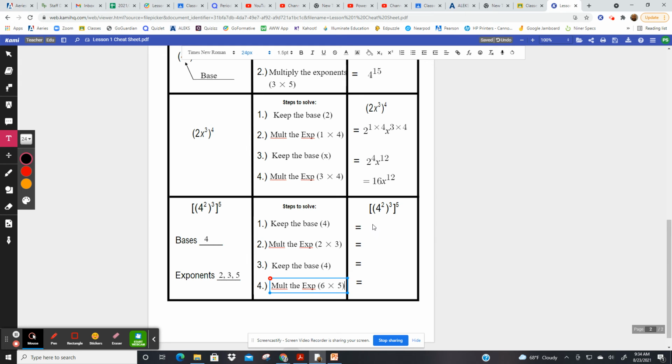Okay, so let's follow the steps. Keep the base, which is 4. Actually, I'm going to go to this mode. So 4, and then raise, Shift 6. It's going to be 2 times 3.